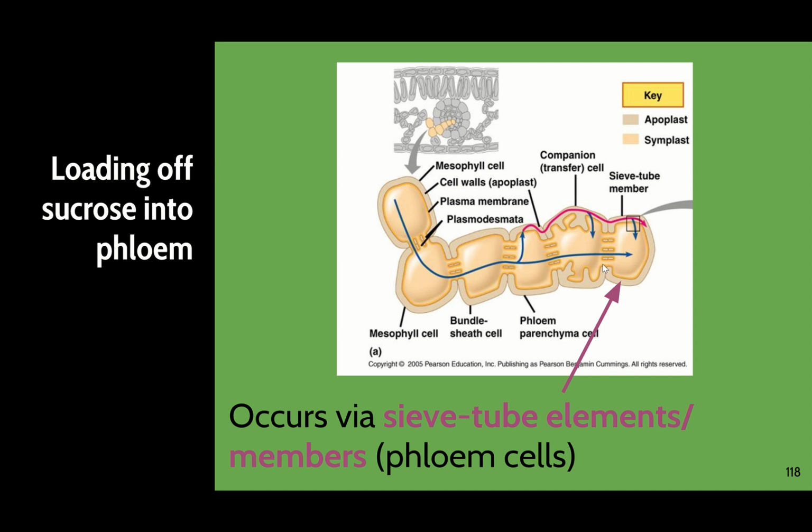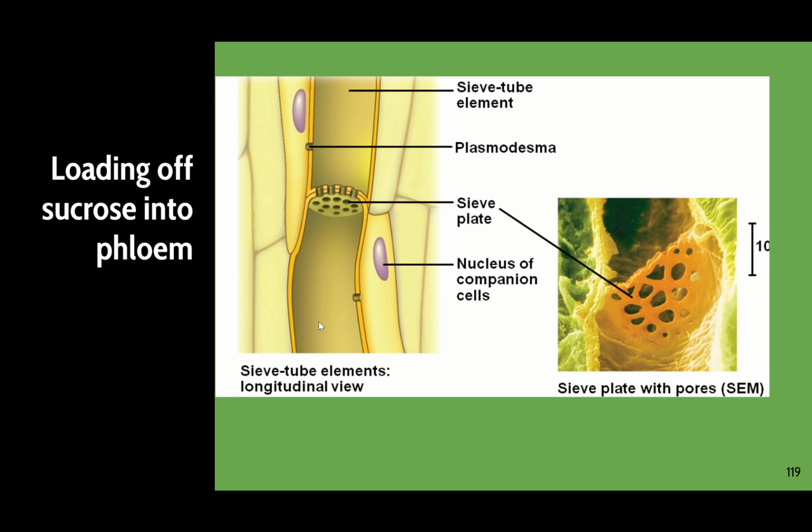So these sieve tube members, we talked about this a while ago, don't actually have their own nuclei. They don't have their own cell organelles. They don't have a lot of the organelles that most cells would have because they're focused on the transport of sugars.